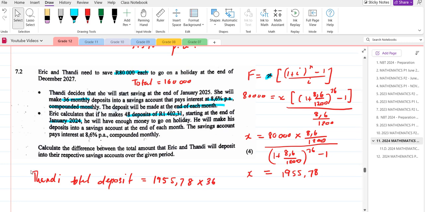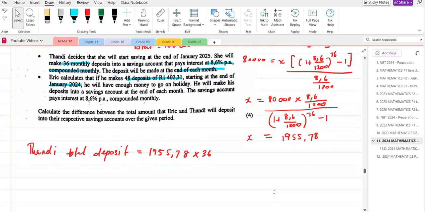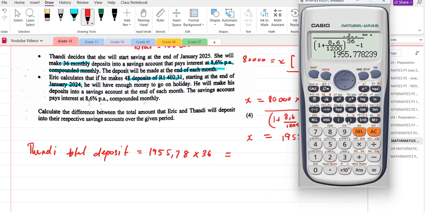Yes, please read the question carefully and see what they're asking for. So the total amount that Tandi deposits is 1955.78 times 36. She deposits 70,408.08.